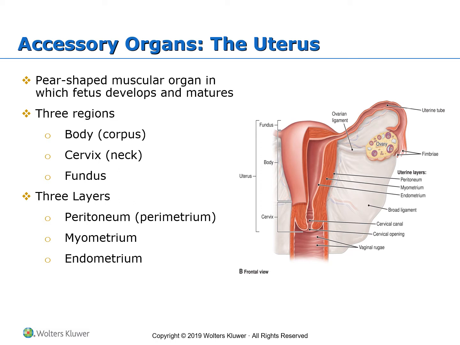The main layer of the uterus is called the myometrium. It's highly specialized and very thick. Inside, the lining of the cavity is made by a specialized epithelium called the endometrium. This layer will undergo monthly changes throughout the woman's reproductive years, reaching a stage where it is developed enough to nourish a fertilized egg.